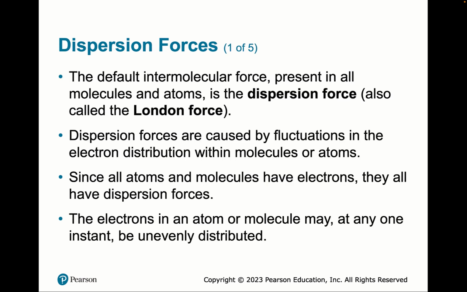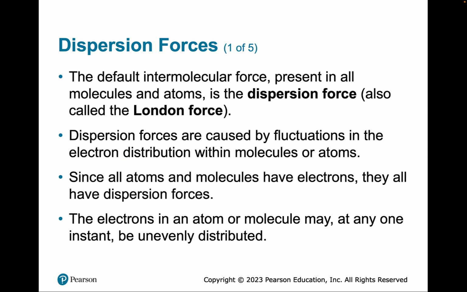So there's a dispersion force. This is also called the London force, sometimes the London dispersion force. But it all comes from temporary induced dipoles. Electrons are very fuzzy. They occupy a certain amount of area. And since the electron clouds are fuzzy, as two atoms approach each other, the electron cloud can cause the electrons in the other one to repel.